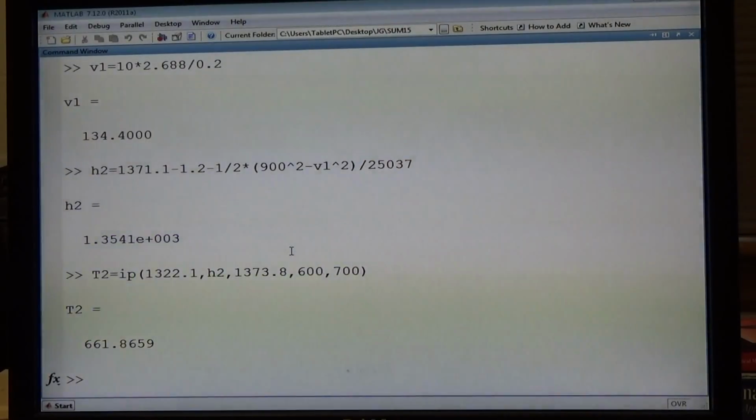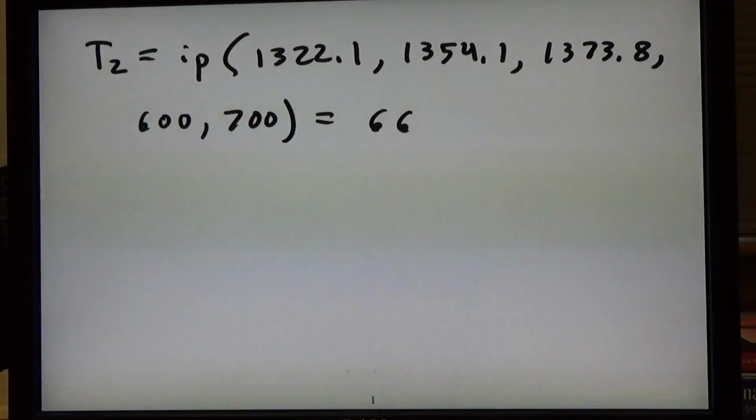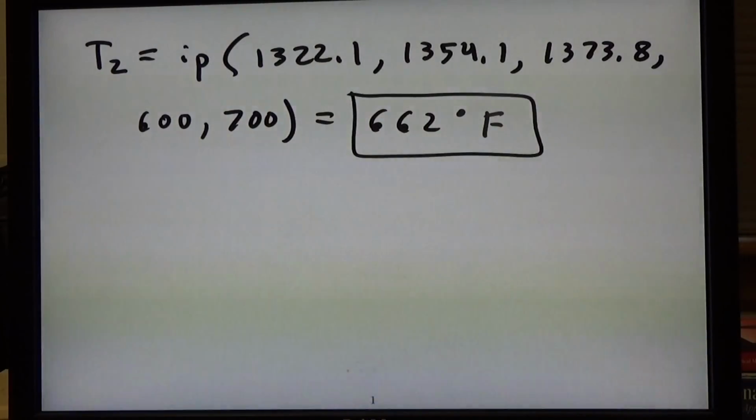So T2, 662. Not degrees C, that is in degrees Fahrenheit. So this pretty much wraps up the problem.